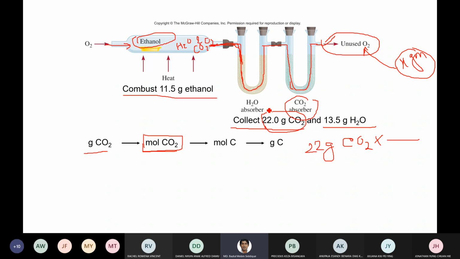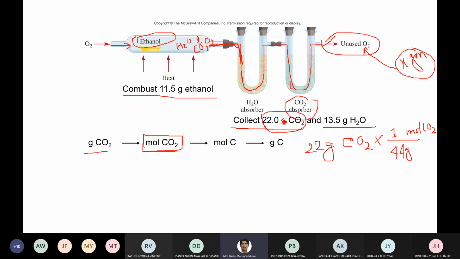So moles of carbon dioxide goes on top. From the periodic table, we know in 1 mole of carbon dioxide there will be 44 gram of carbon dioxide.